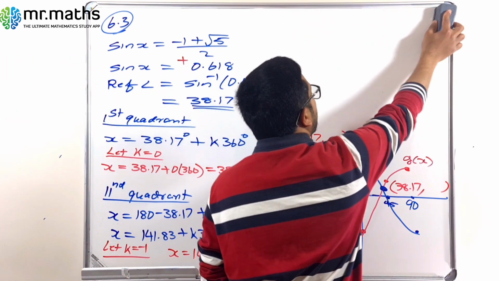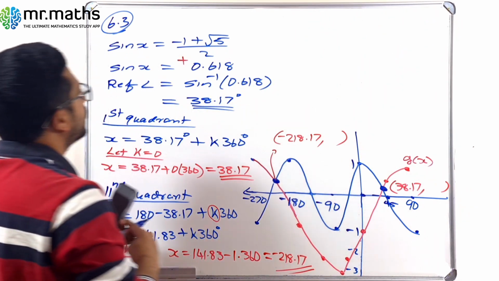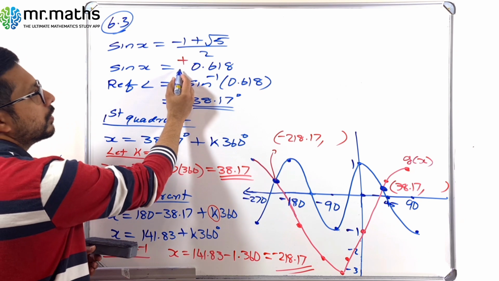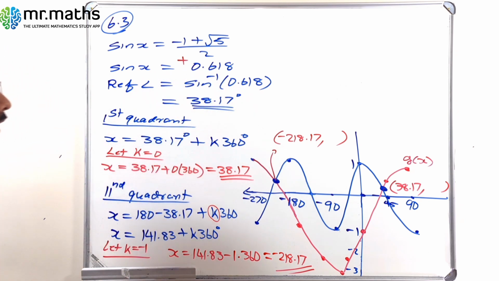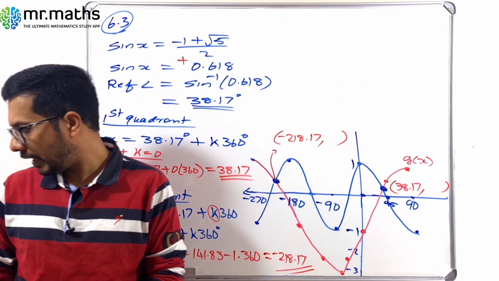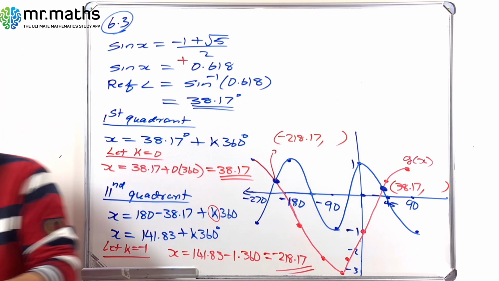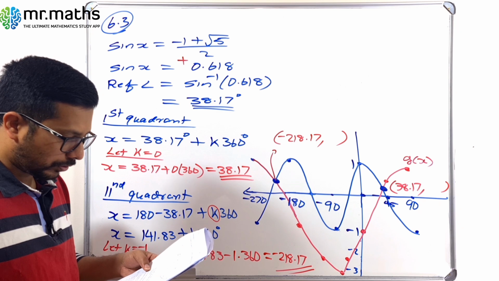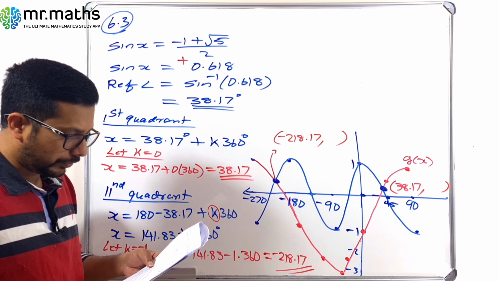Let me substitute here. What is the equation of this graph? What is the equation of sin x? g of x or f of x, we can take any one of the graphs.